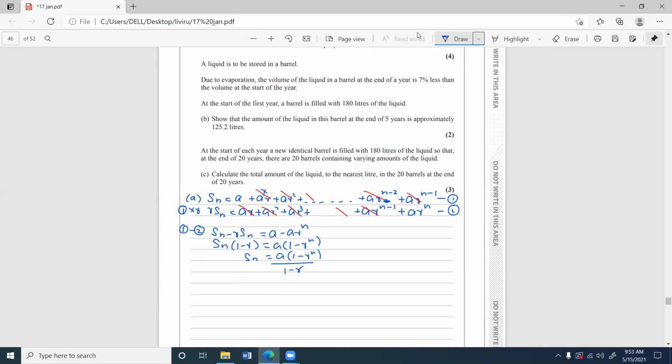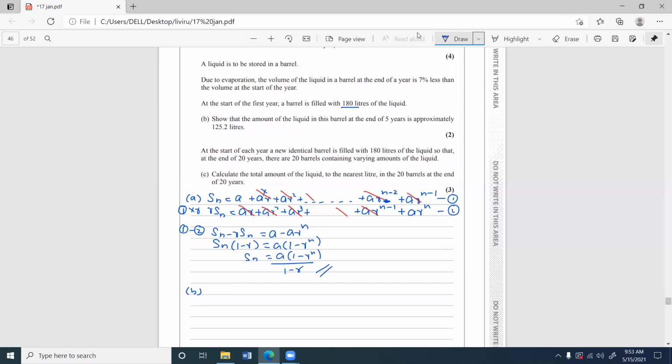Then that's the way. Okay, let's come to part B. Due to evaporation, the volume of the liquid in a barrel in a year is 7% less than the volume of the previous year. At the start of the first year, the barrel has 180. Show that the amount of liquid in the barrel at the end of the first year is approximately this.